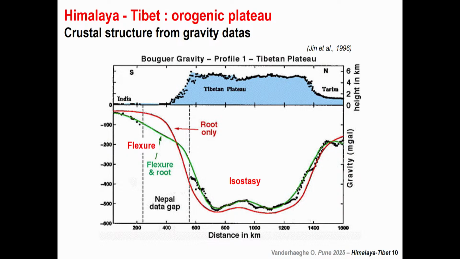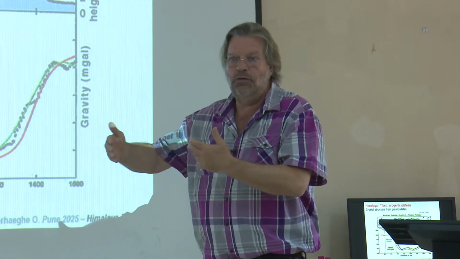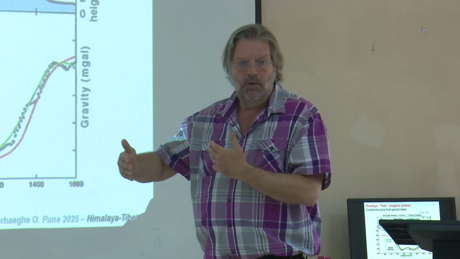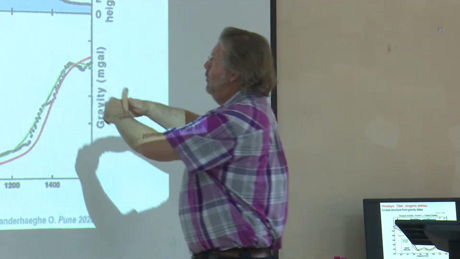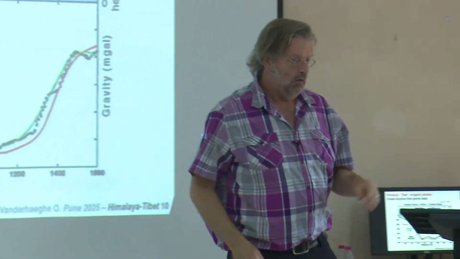In order to account for that curvature, you need to take into account the rigidity of the plate, and that's for about, let's say, 150 kilometers. So, in other words, it's important to take the flexural rigidity of the plate into account for wedges that are less than 200 kilometers wide. For belts that are wider than that, then it's pretty much isostatic compensation.